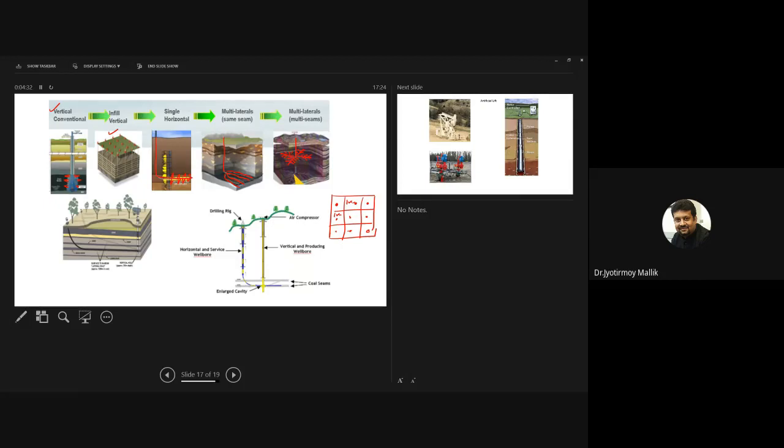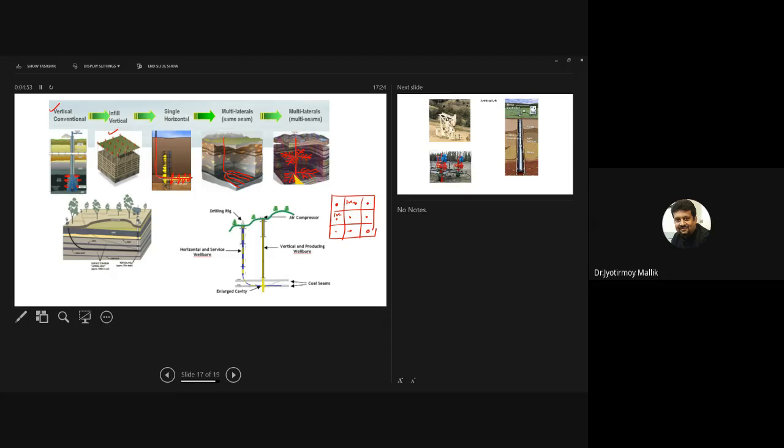This goes to the next seam as well, and then you again drill more wells. So it's fairly complex engineering to drill a multilateral multi-seam well. This is very uncommon, of course, but people have tried it successfully as well.